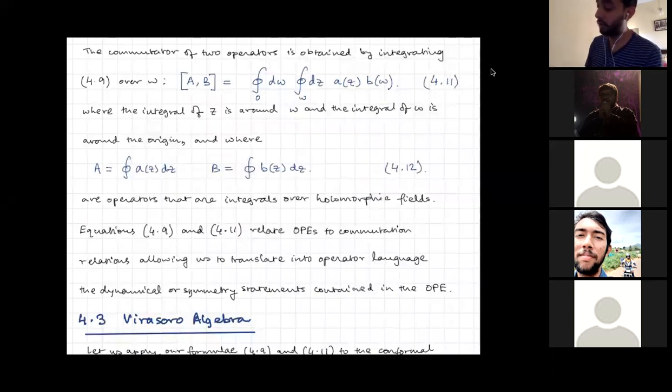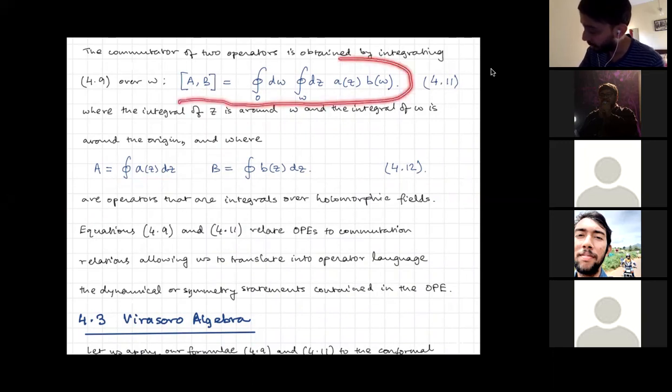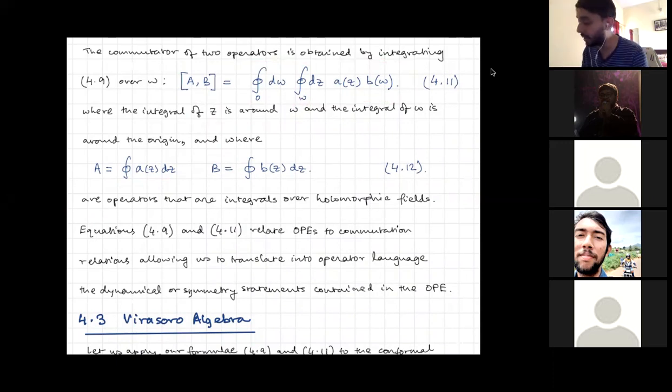Similarly, if you have two operators A and B, where A and B are now defined as the integrals of small a and small b, this is defined by 4.11 here, where the integral of z is around omega, and the integral of omega is around the origin.